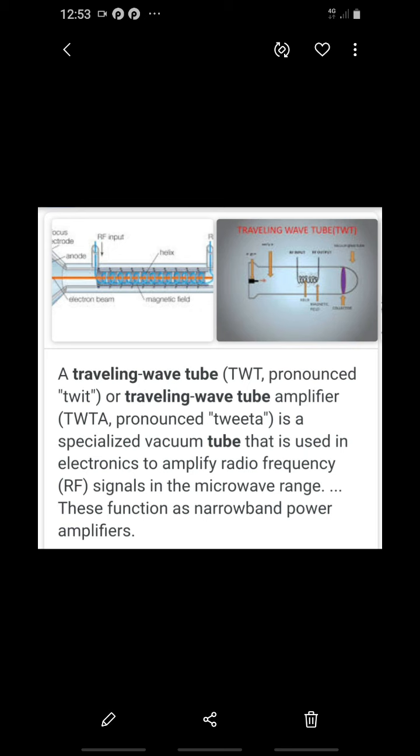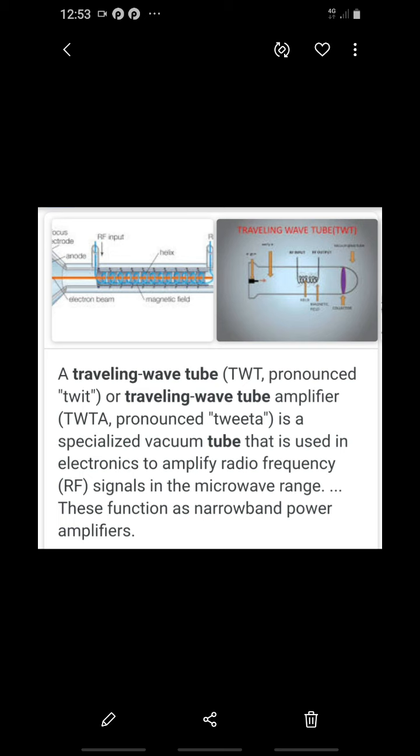The electron gun produces a narrow constant velocity electron beam, and the magnet is used to prevent the beam from spreading and to guide it through the center of the helix. The attenuator is used to isolate input and output waves.